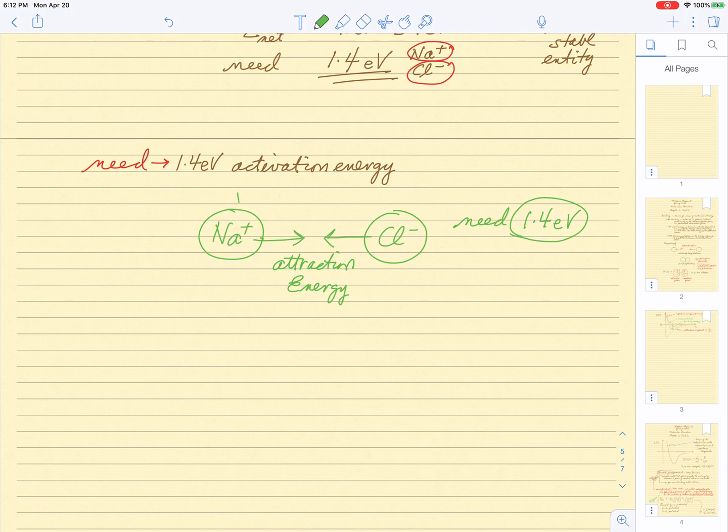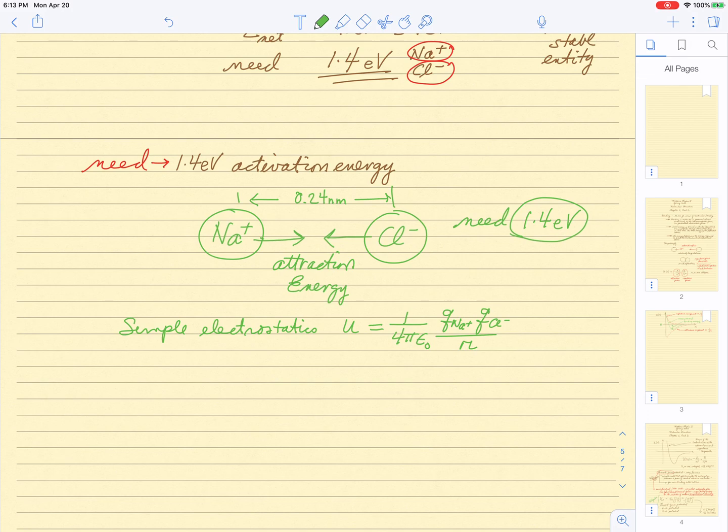The bond distance between these two is about 0.24 nanometers. If you were to use simple electrostatics, that energy would be equal to 1 over 4 pi epsilon 0, times the charge on the sodium ion, times the charge on the chloride ion, over the distance between them.